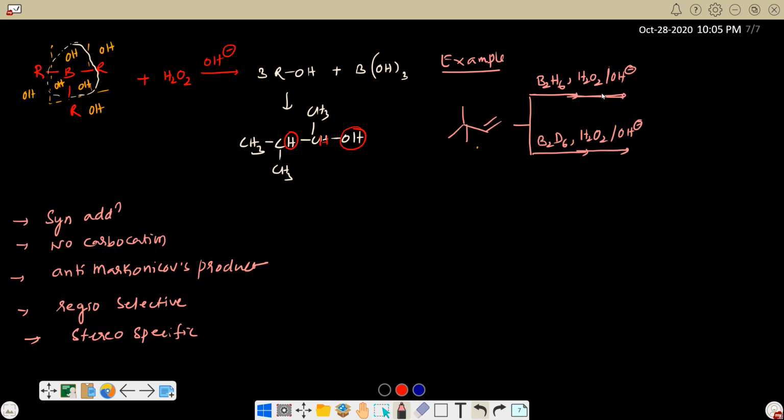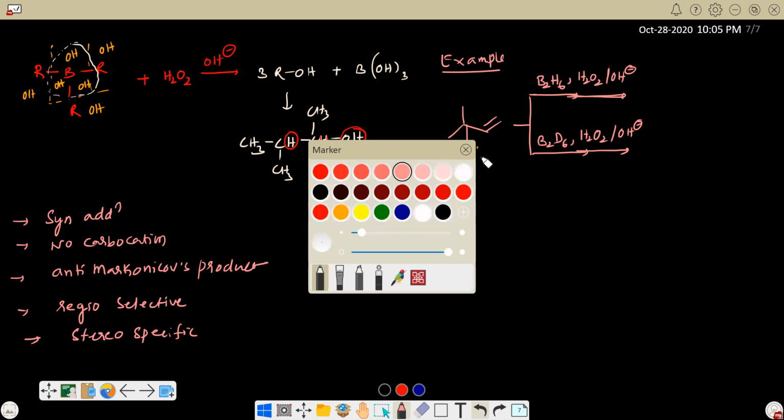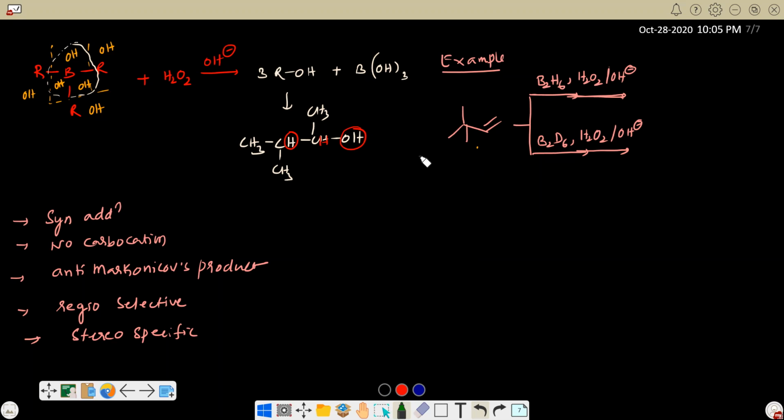Yes, do these reactions. And next, one more example. If I take a cyclopentane system, there is a double bond.